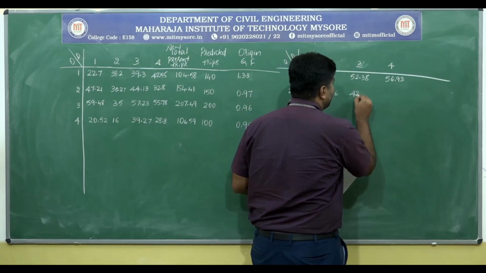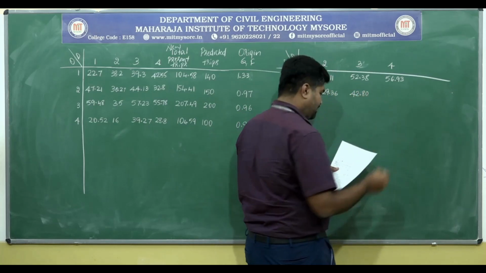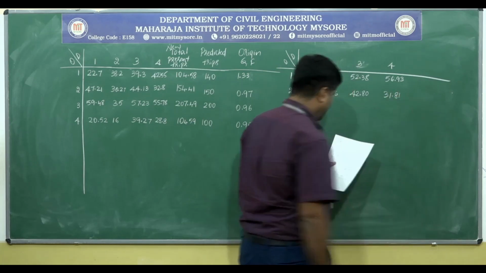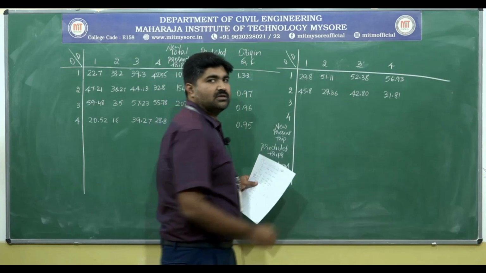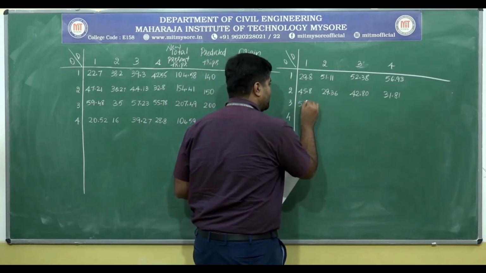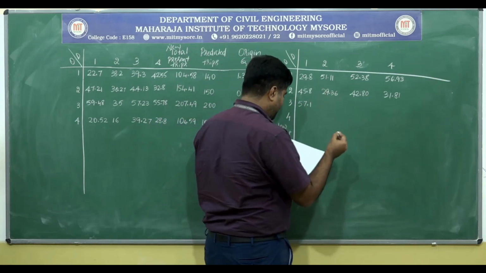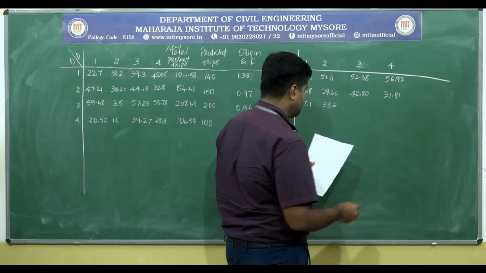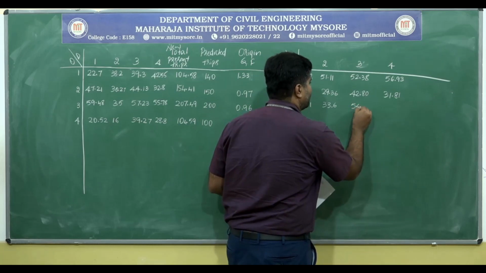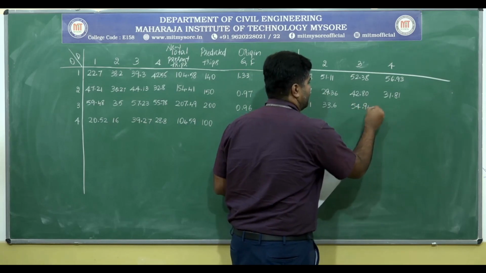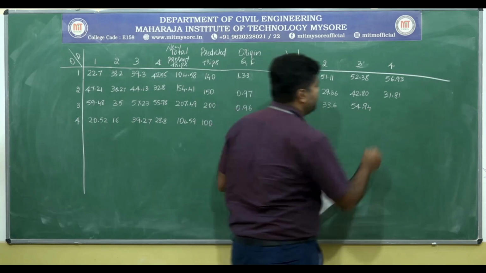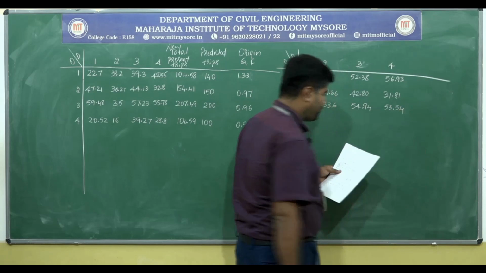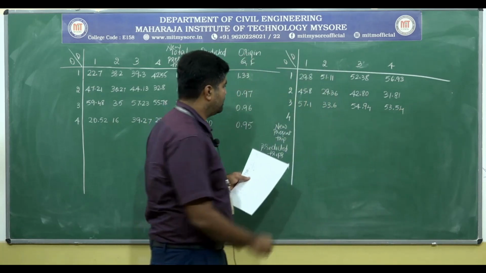42.8, 31.81. Next it is 57.1, 33.6, 54.94, 53.54.